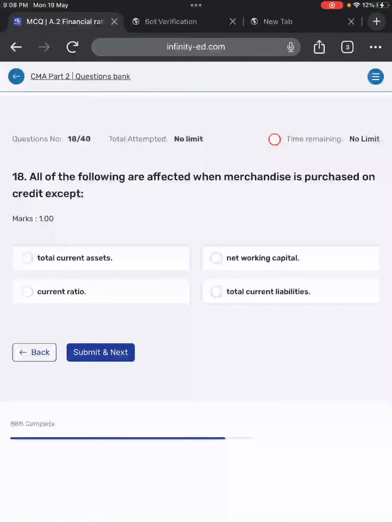Total asset, current ratio, total current liability. Credit purchase, current liability will increase. Net working capital, current ratio.